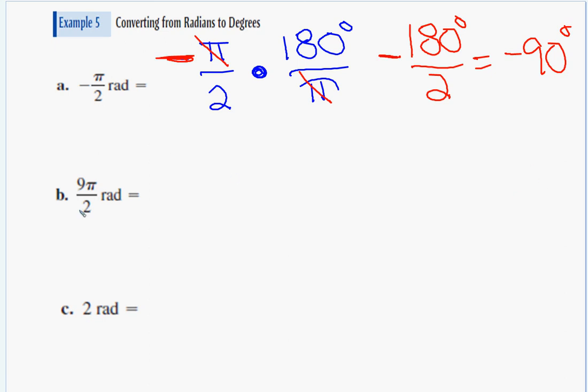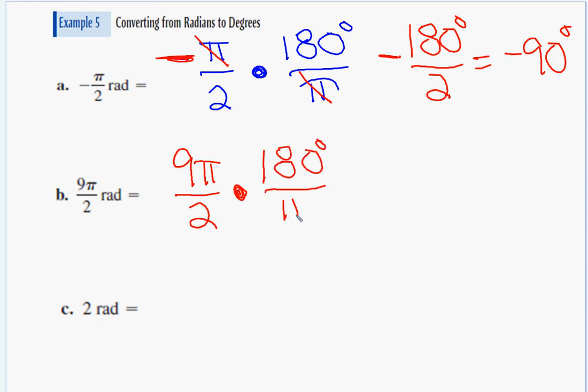All right. Next up, 9 pi over 2 radians. So, of course, we'll have our 9 pi over 2 radians. We're going to multiply that by 180 degrees divided by pi radians. So on the diagonal, the pi's will cancel. We could multiply straight across, but we can reduce on this diagonal.